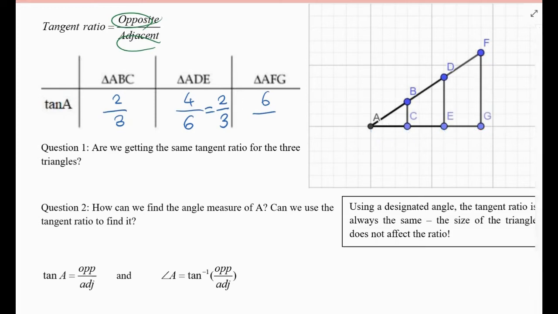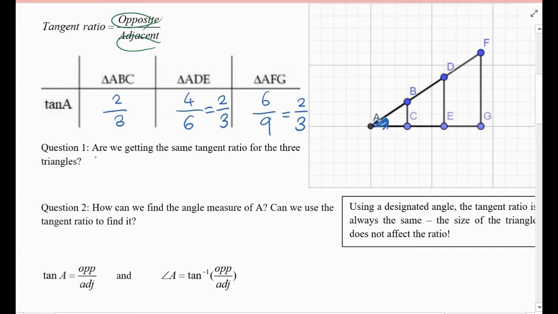Adjacent is 9. Is this the same ratio? Yes. If we reduce it, we get 2 over 3. All those ratios are the same because we're using the same angle, tangent A.